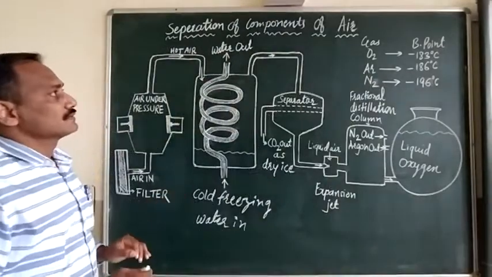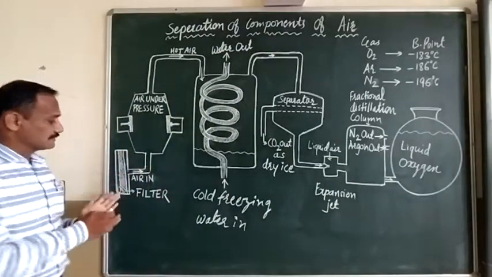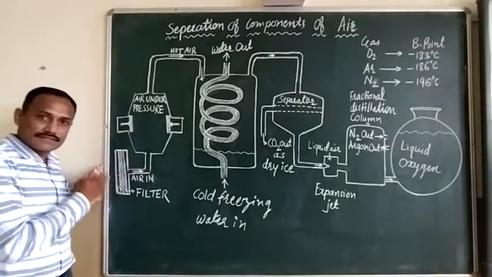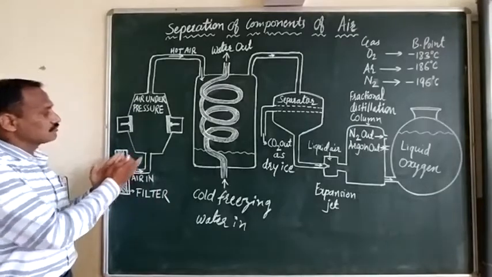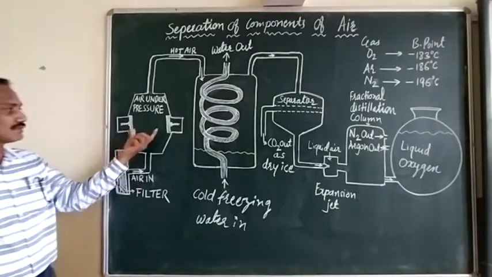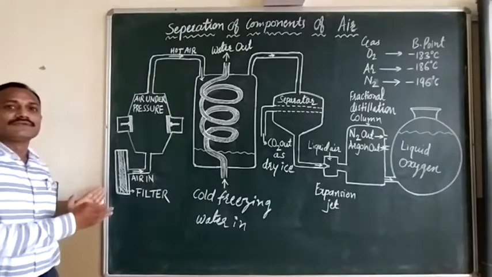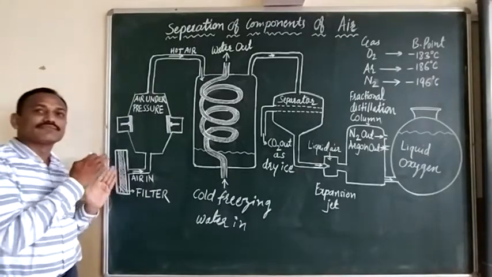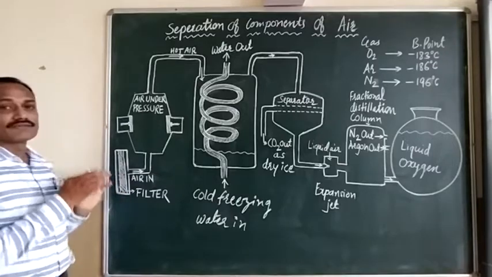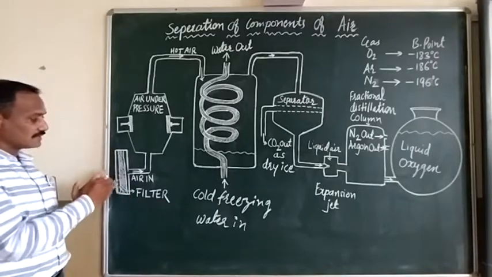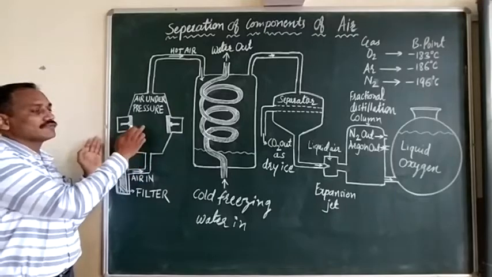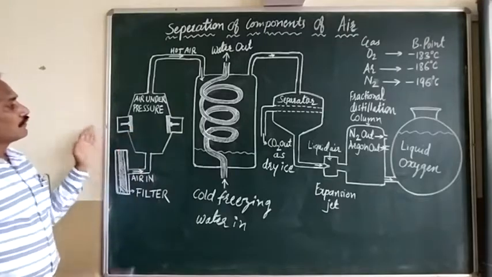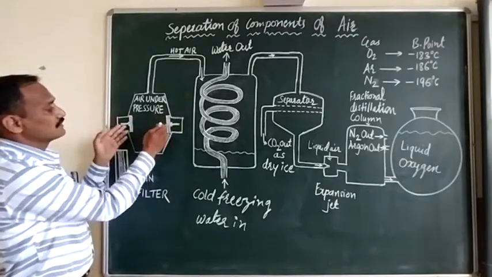In this, what is done first of all is the filtered air is allowed to pass into the first chamber. This is chamber number 1. The air is filtered to remove whatever suspended impurities or suspended particles are there. So filtered air enters the first chamber where it is compressed using pistons.